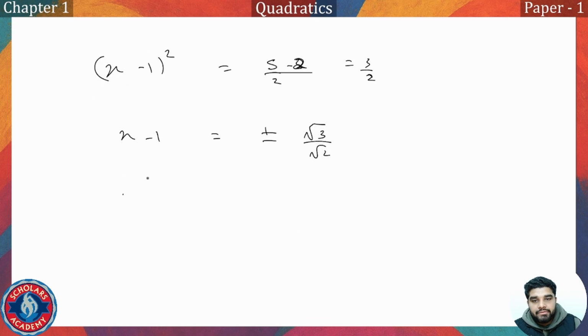So we get x is equal to 1 plus minus root of 3 by 2. This is our answer. So one will be 1 plus root of 3 by 2, other will be 1 minus root of 3 by 2.